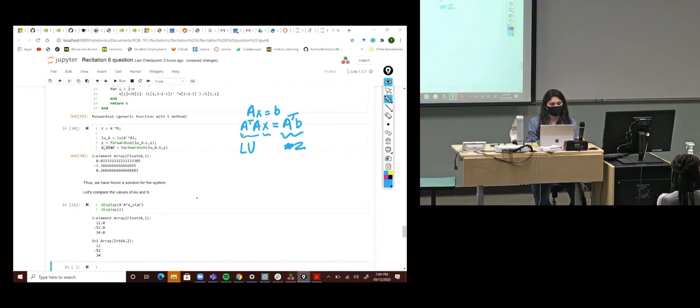So I compared the left-hand side, which is A transpose times A times X star, and here is my Z, which we defined to be A transpose times B. I display both sides, and I see they're comparable. So we're good. We found the solution.